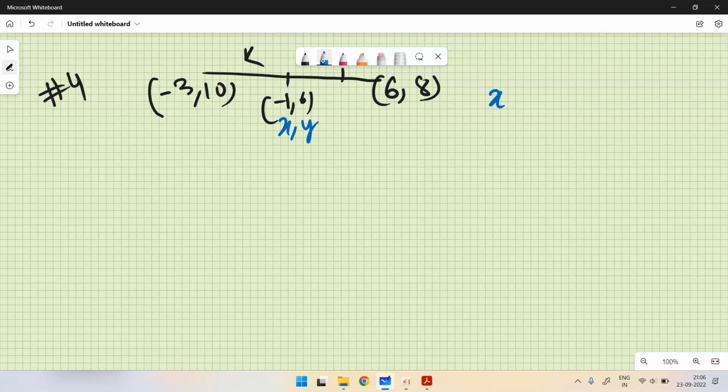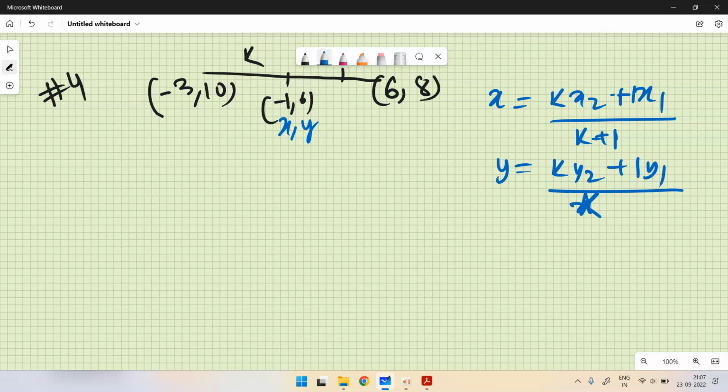So x equals m2 x1 plus m1 x2, taking k, so k x2 plus x1 by k plus 1, and similarly y equals k y2 plus 1 y1 by k plus 1.